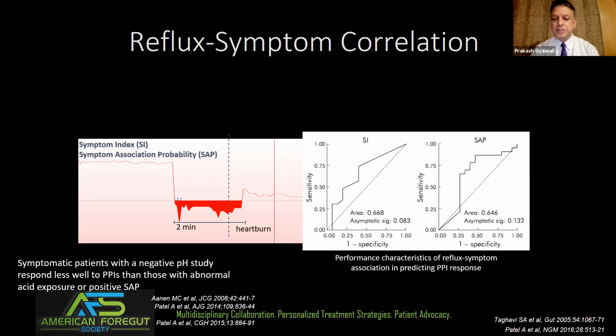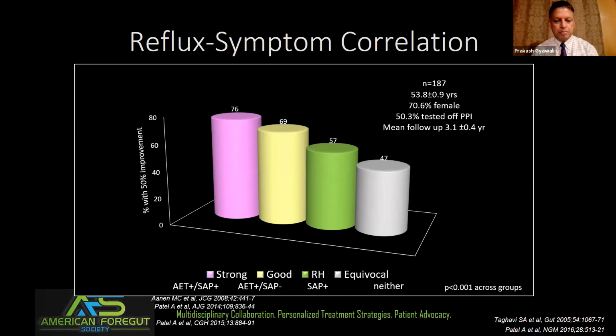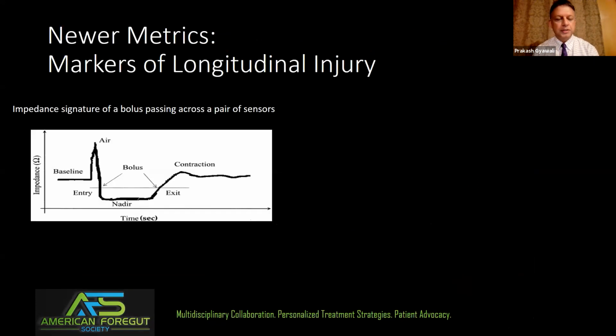The performance characteristics are modest at best. Now, if you have acid exposure positive and symptom reflux association positive, that cohort does best with anti-reflux therapies of any kind compared to the other groups. So when present, reflux symptom association increases confidence in reflux.